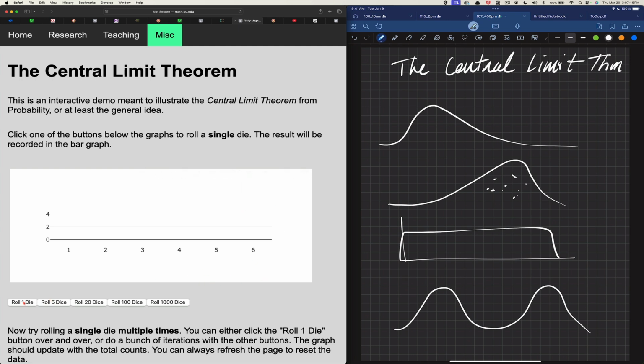I'm going to plot each individual roll. So if I roll one die, I get a 1, there it is. Roll a die again, I got a 4, there it is. There's a 3, there's another 4, there's another 1, another 5, another 1, another 5, another 1, another 1, another 6.